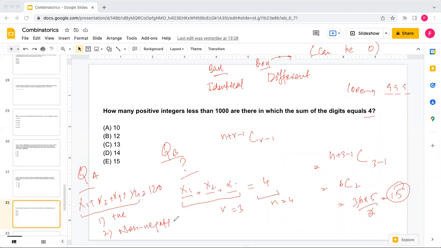If all of these are positive, simply use the formula n minus 1 combination r minus 1. If all of these are non-negative, it is the similar case we are doing, that will be n plus r minus 1 combination r minus 1. And by non-negative, I mean that the value could be 0 or positive. It can't be negative, right? So this scenario is just where we have these integers in a linear form and we have the non-negative integer case.